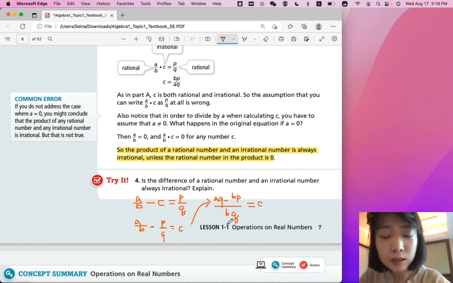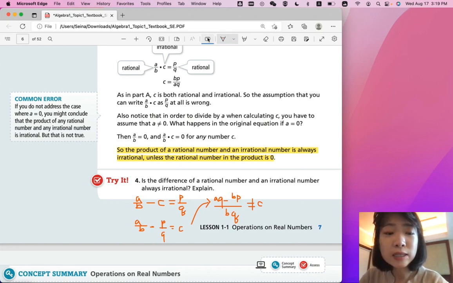So because b and q are not zeros, all of this makes sense with all the integers, right? It's going to be a rational number. So c cannot be a rational number, because c has to be an irrational number. So this contradicts itself, which means the difference of a rational number and an irrational number always has to be irrational.